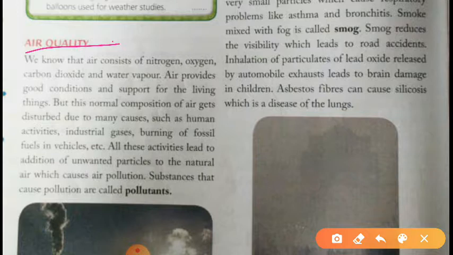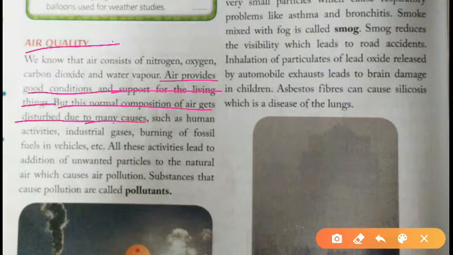As you can see here, it is also written: air provides good conditions and support for the living things, but the normal composition of air gets disturbed due to causes such as human activities like industrial gases, burning of fossil fuel and vehicles, etc.